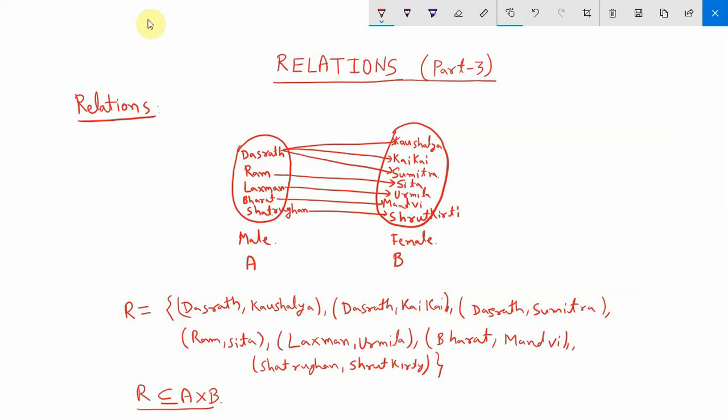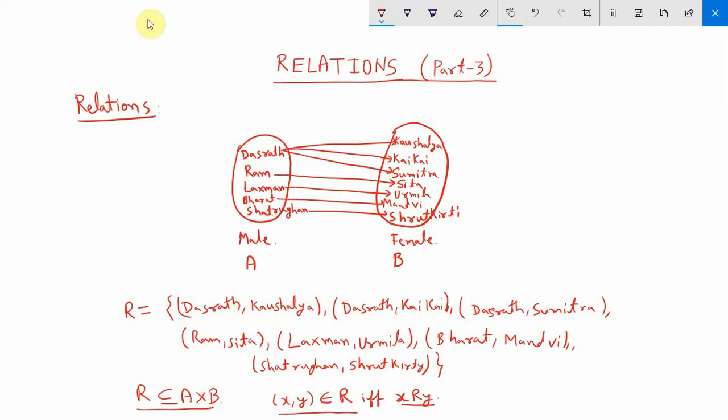It shows the relation 'was husband of' from set A to set B. This gives rise to a subset R of A cross B such that (x, y) is an element of R if and only if x is related to y.